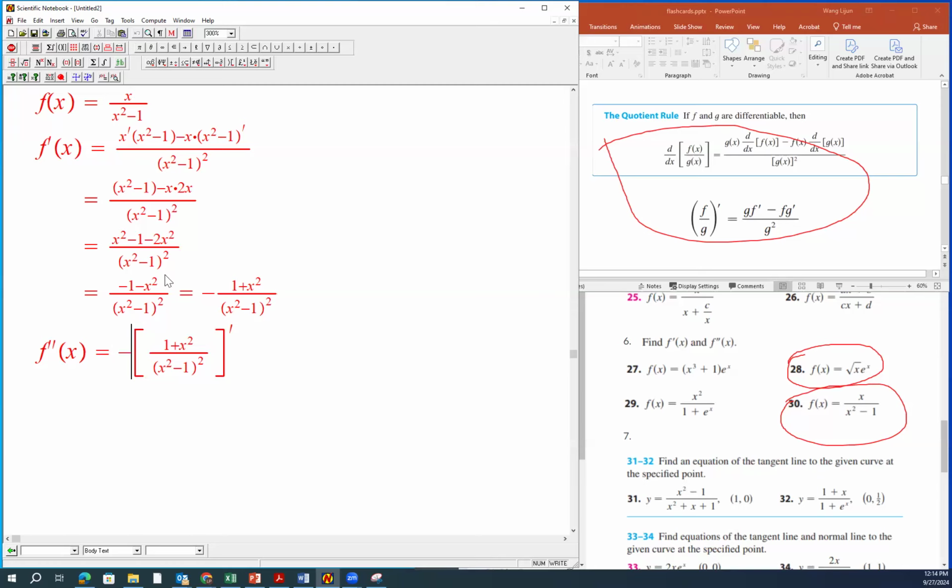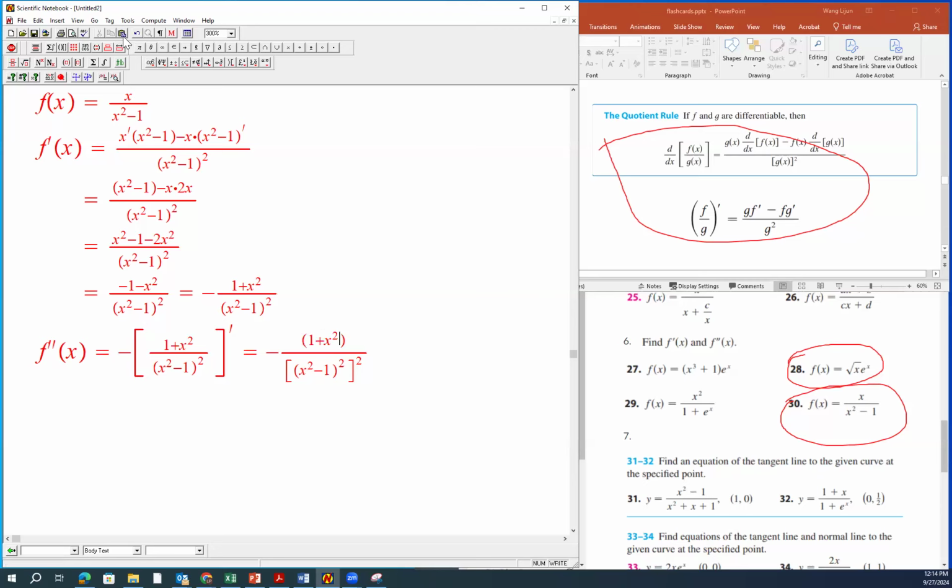Denominator being squared. On the top, we're going to differentiate 1 plus x squared first.